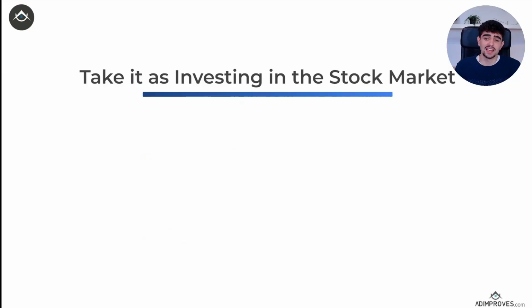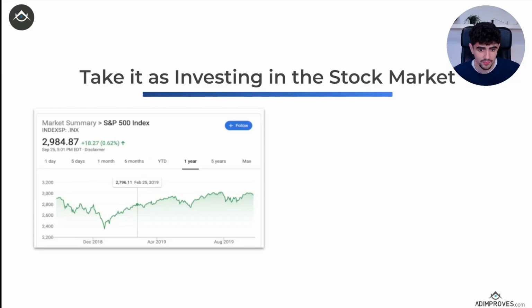So take it as investing in the stock market. You can see at the beginning there are ups and downs. At the beginning, you are basically testing which ads resonate the most with your audience. So you may launch different types of ads, but maybe none of them resonate with the audience. So there will always be these ups and downs.